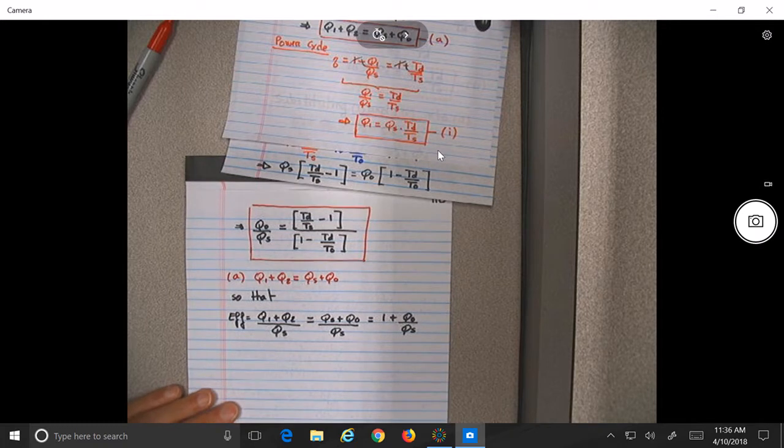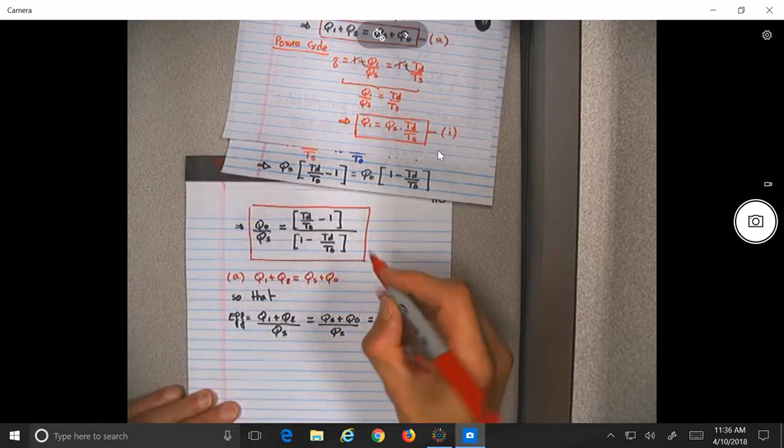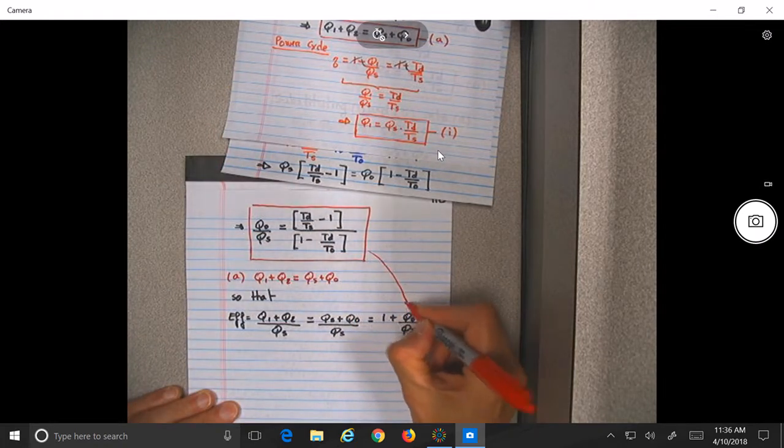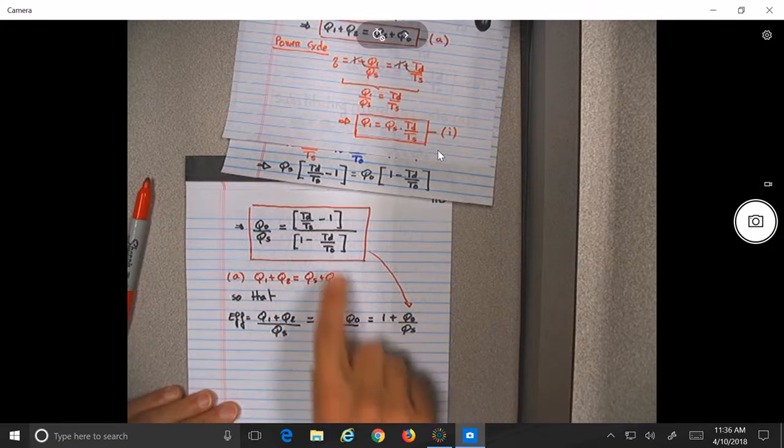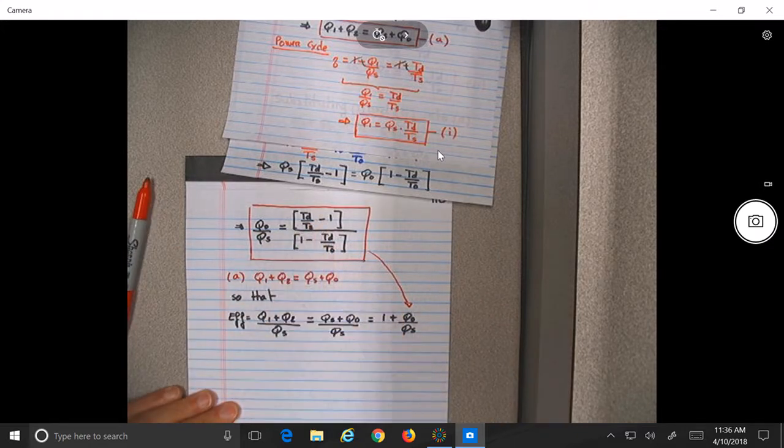Okay, so now what is that ratio? Is the one we just calculated in function of those temperatures, no?